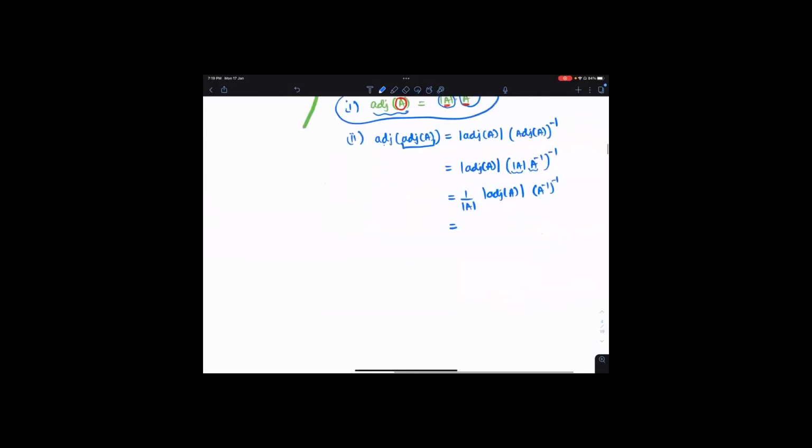So the inverse of adjoint of A is 1 by det A into A.